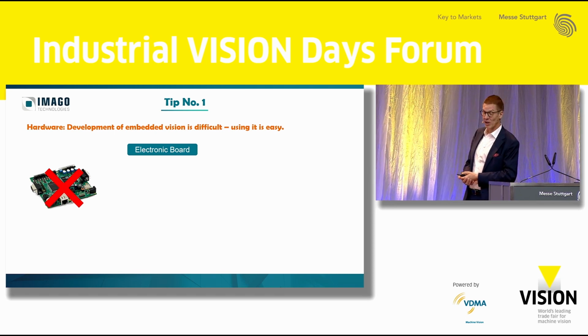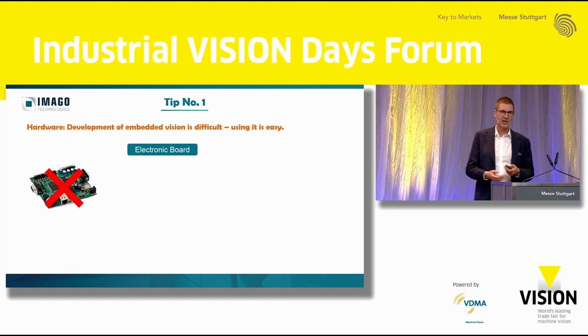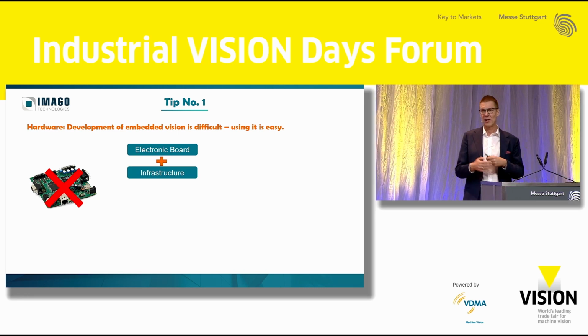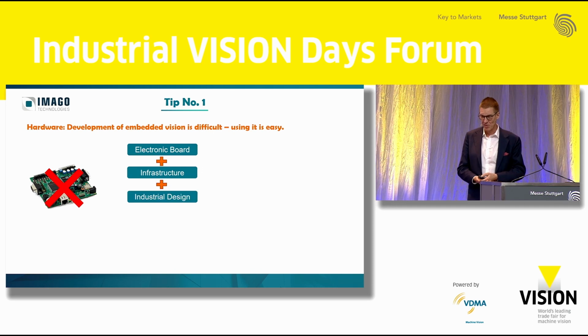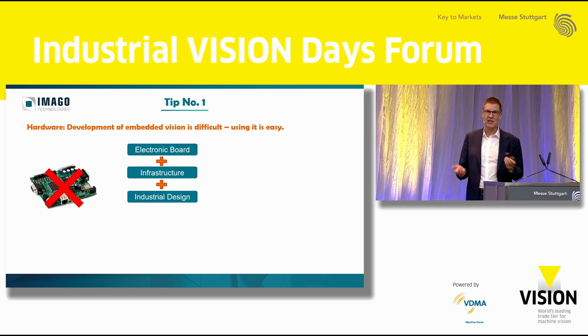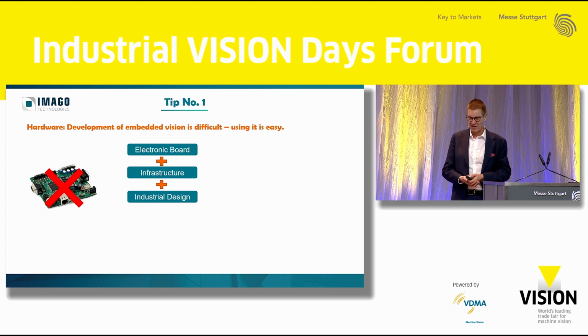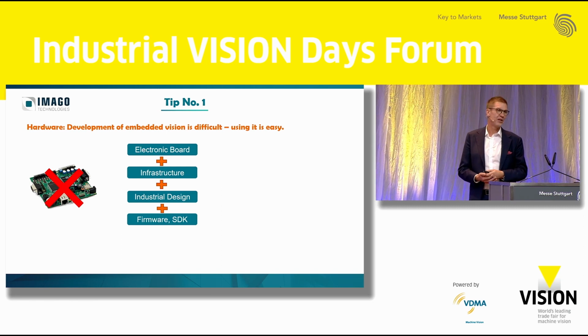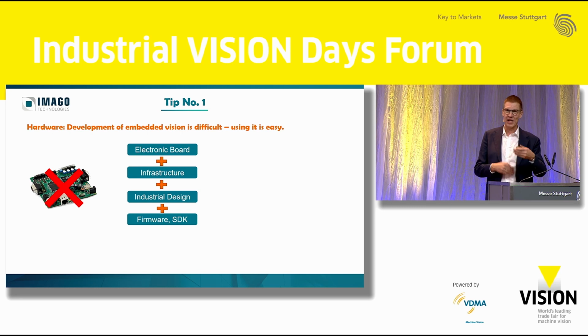between these two situations. You need a specific electronic board. You need the infrastructure of the electronic board, the firmware support of the OS. You need an industrial design regarding everything from the housing, interfaces, mounting. And you need a software development kit to start with your specific application.